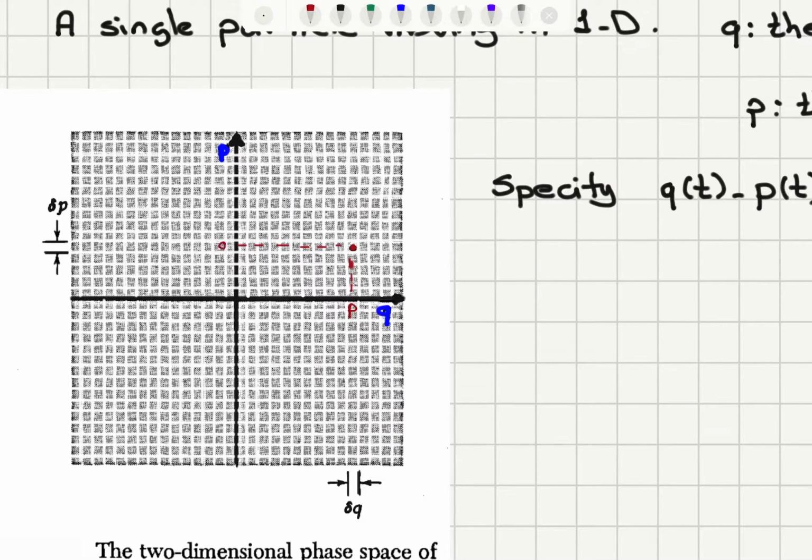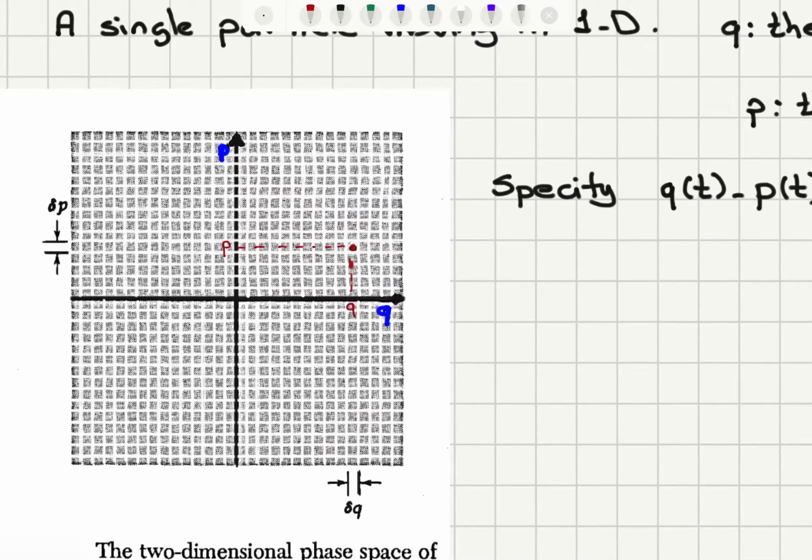So here is Q, and this is the corresponding momentum P.